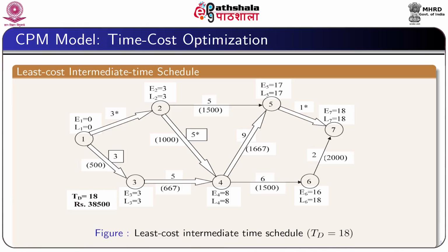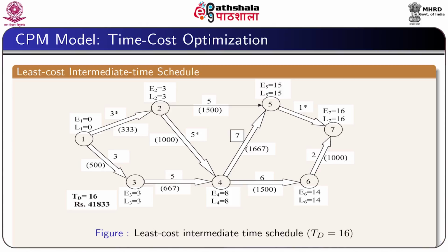Now, we can further proceed to reduce the project duration time by 2 units, that is when the project duration time is 18 weeks, the total cost becomes 38,500.